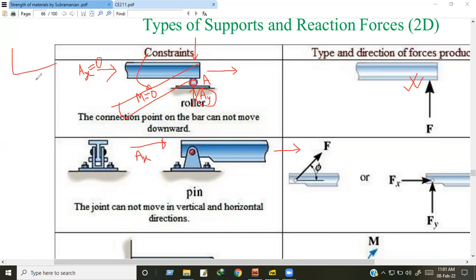Always this is the x direction and this is the y direction. So I will find a force in the x direction known as Ax.